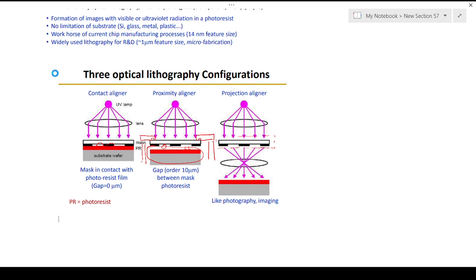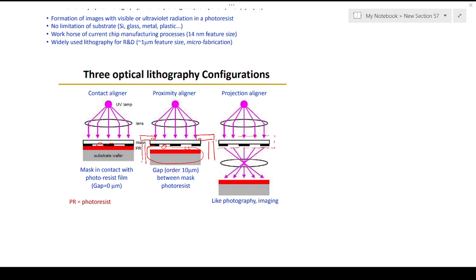The projection aligner is like photographic imaging. Here it focuses on the gap between the mask and photoresist, and here it is in contact with the mask and resist film. These are the ways you can configure the optical lithographic technique.